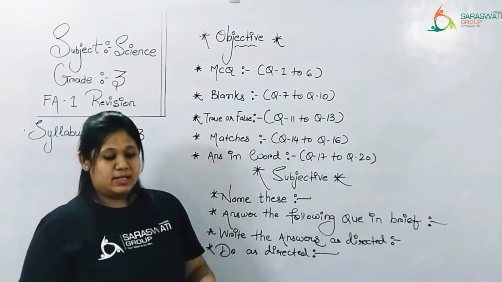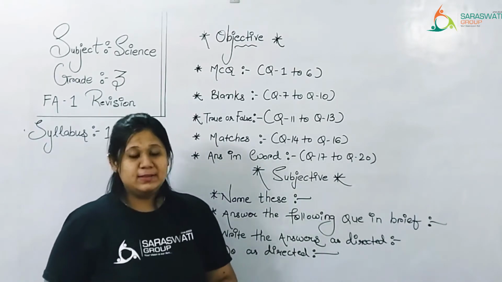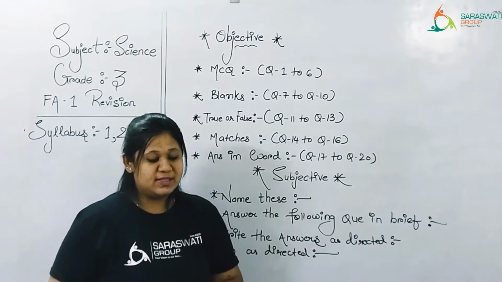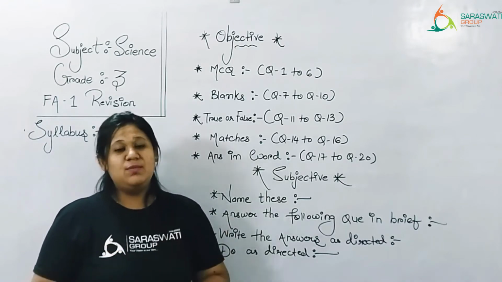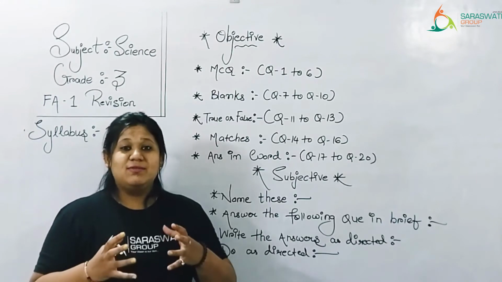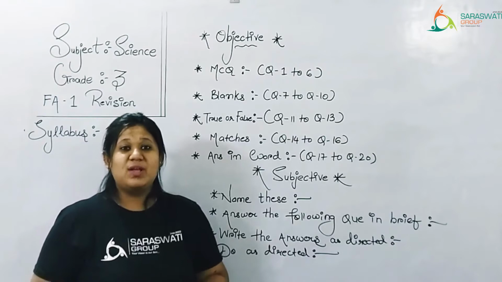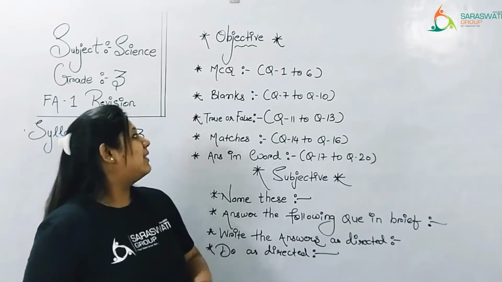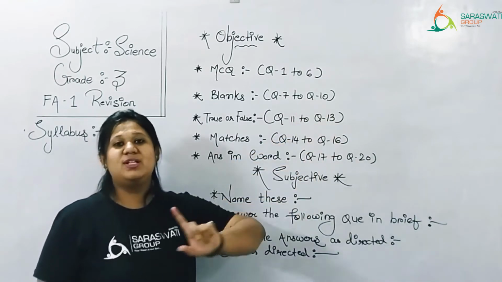Now question number 2 is filling the blanks with the help of options given in the hint box. With the help of that hint box, you need to answer the blanks, okay? That is from question number 7 to question number 10.